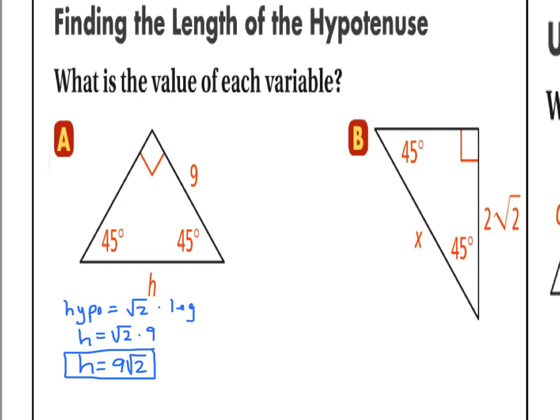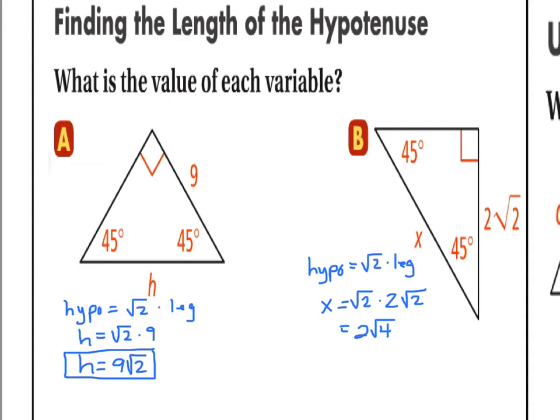Okay? All you're simply doing is substituting in what you know into the formula. So let's take a look at this next one. Again, the hypotenuse is equal to the square root of 2 times the leg. Well, in this case, the hypotenuse is x. Square root of 2 times the leg, which is 2 times the square root of 2. So I've got square root of 2 times 2 square root of 2. This becomes 2 times the square root of 4.